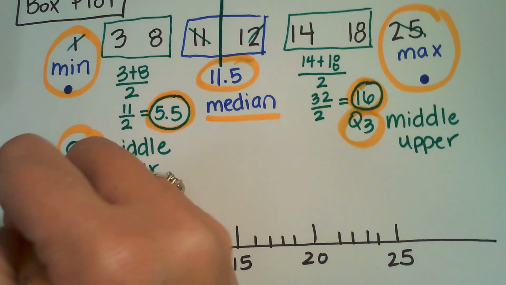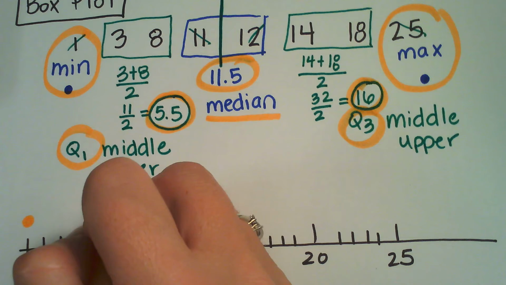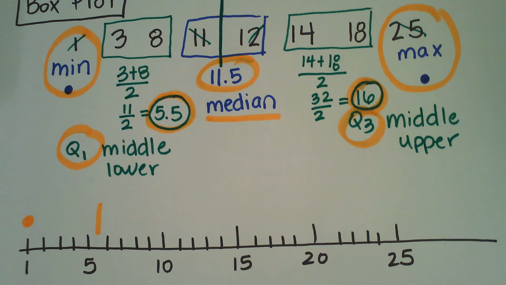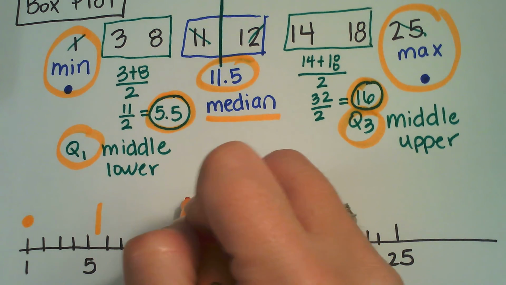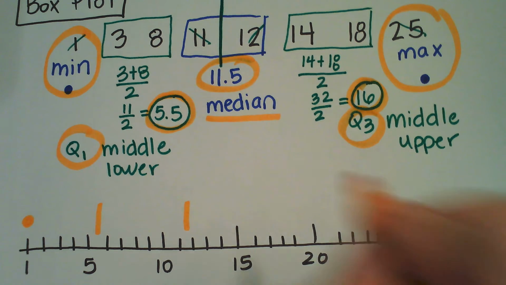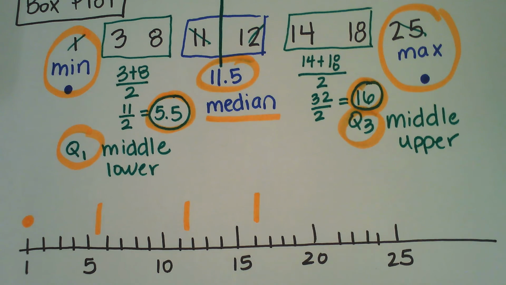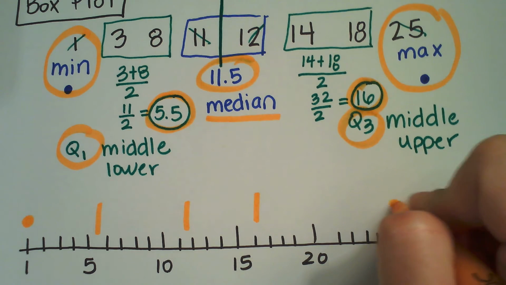So the minimum is a dot. Q1 is going to be a line at 5.5. The median is going to be a line at 11.5. Q3 is a line at 16. And the max is a dot at 25.